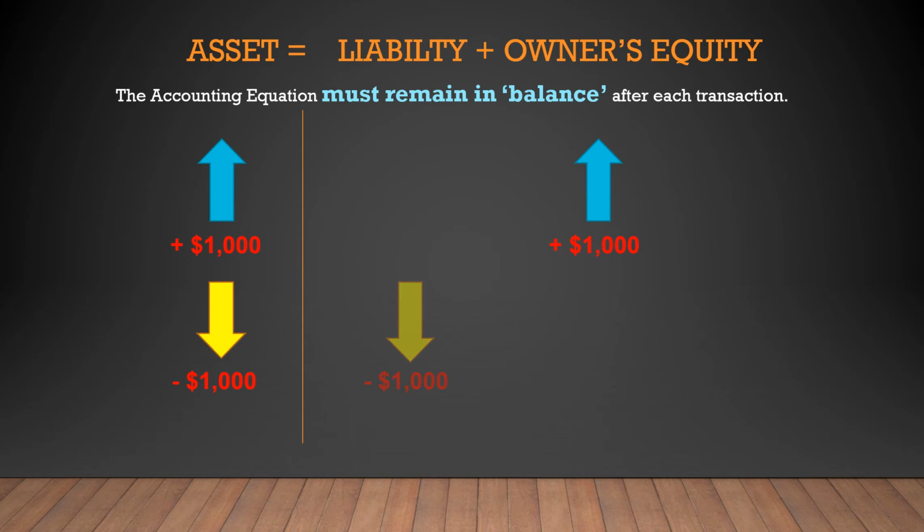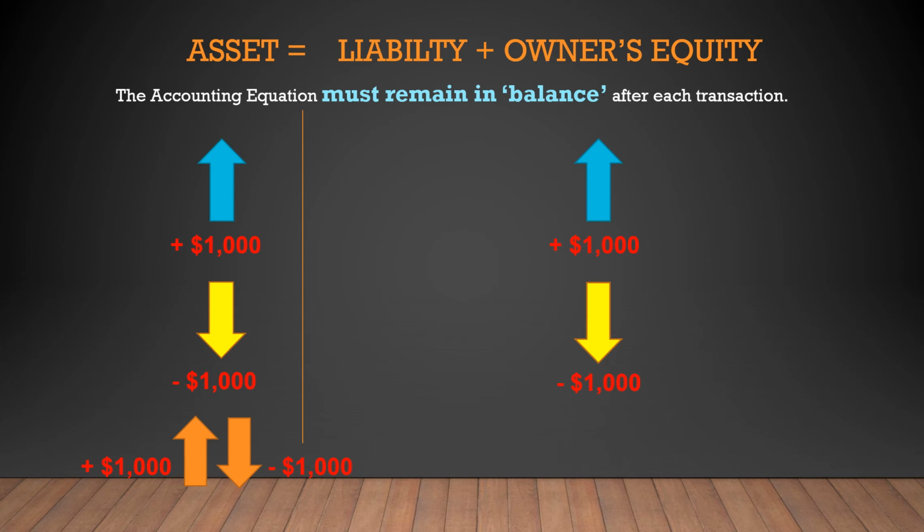If it's not here, then it should be here. A reduction of 1,000. And next, if it's not involving the liability or owner equity, so if an asset increased by 1,000, then it could be another asset reduced by 1,000. So this one will be 0, and here will be 0.